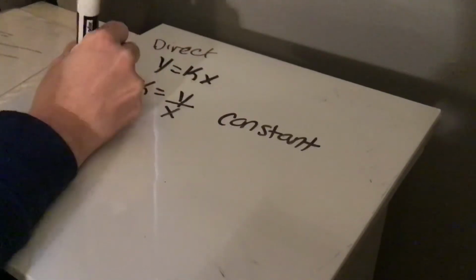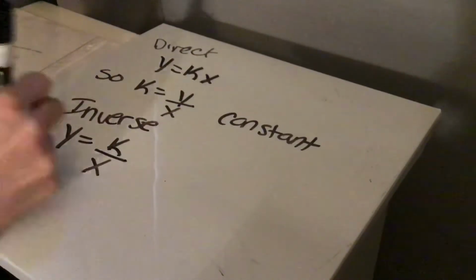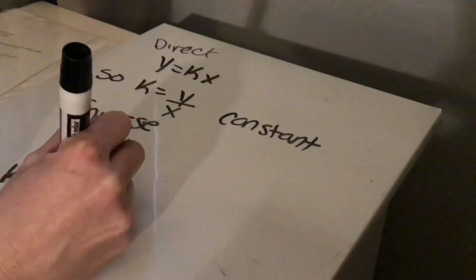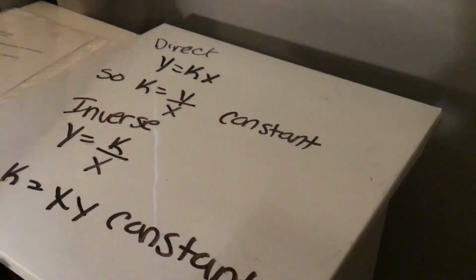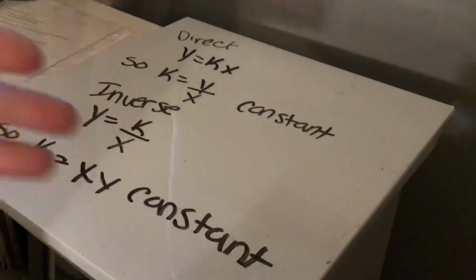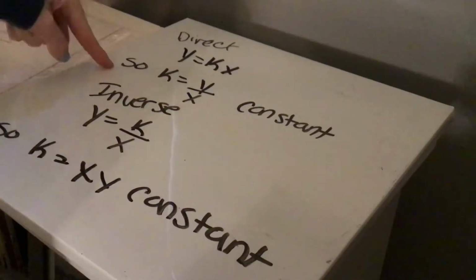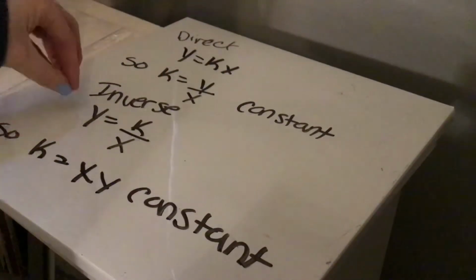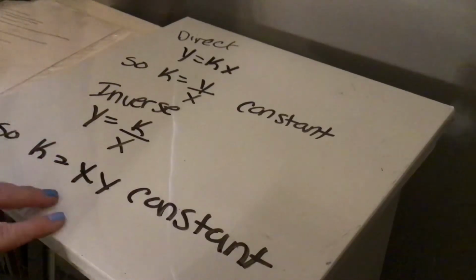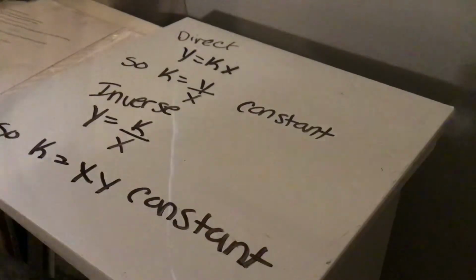Then inverse says that y equals k over x, so our constant will be x times y, for all x and y in the relationship. If k is equal to the product of x times y and they're the same constant, then we say it's inverse variation.